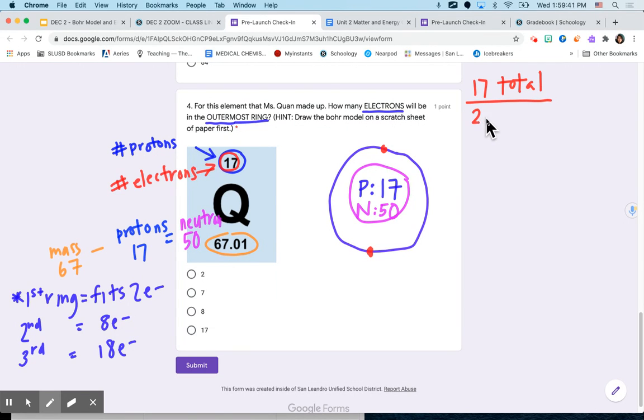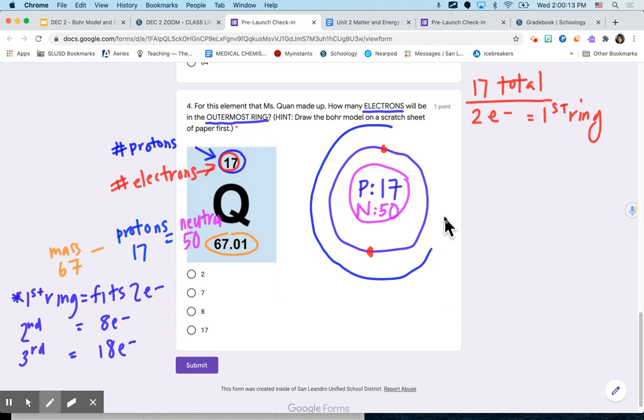And the first 2, I drew 2 electrons. I'm going to write e minus, short for electrons, in the first ring. But if I draw 2 electrons, I still need to draw 15 more, right? So therefore, I need to draw a second ring to fit my other electrons.